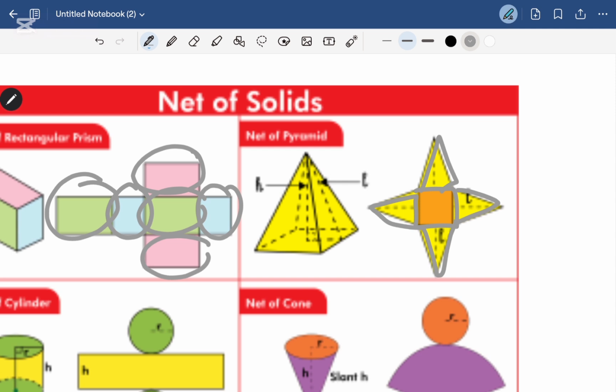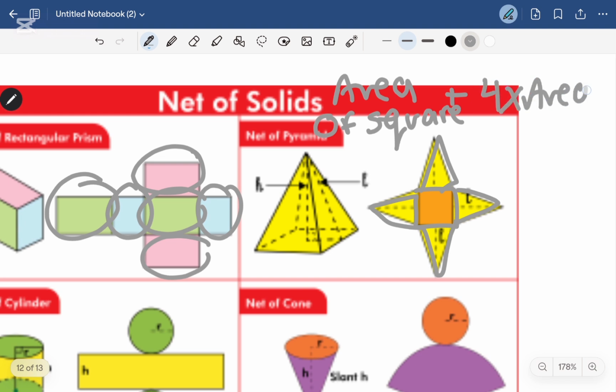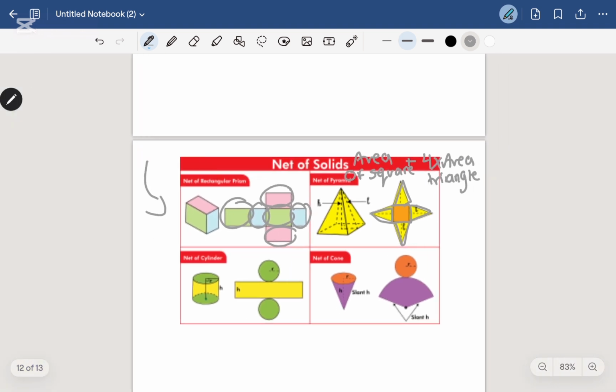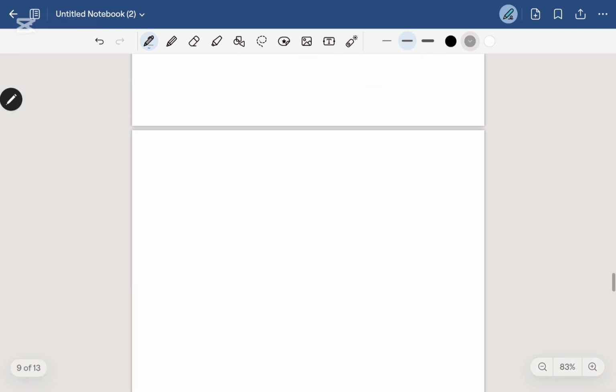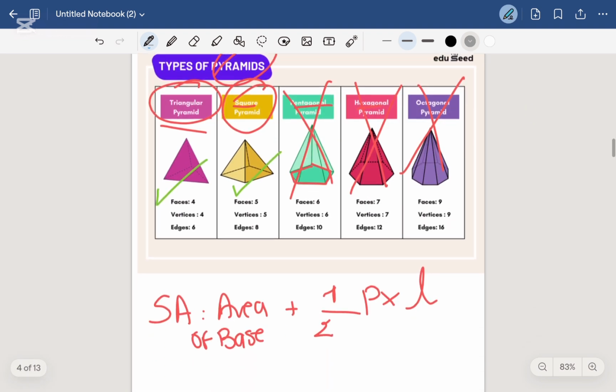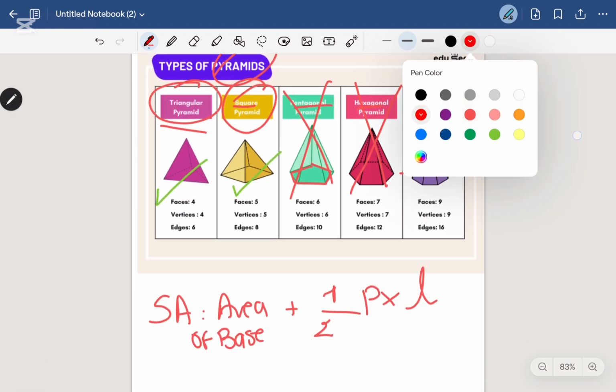So another way you could do it is the area of square in a pyramid with a square base, and you add it to 4 times the area of triangle. Because it is a regular pyramid. Usually they will always give it to us as a regular pyramid. So this is another way to find the area of a pyramid.